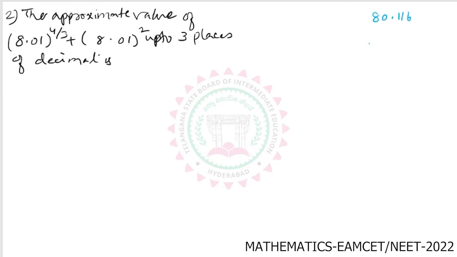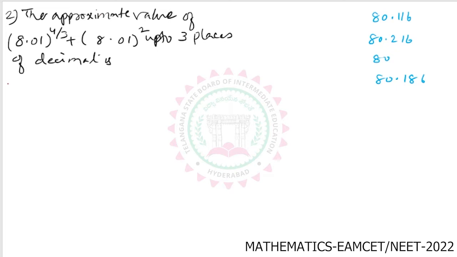Second option is 80.216. Third option is 80. And the fourth option is 80.186. Now, this question is related to errors and approximation, isn't it?